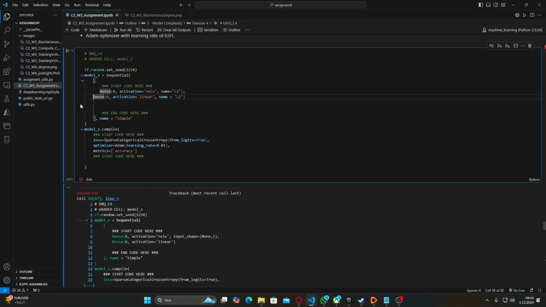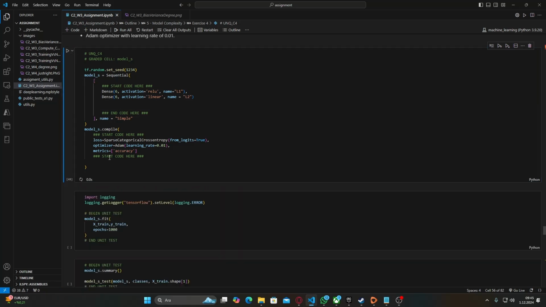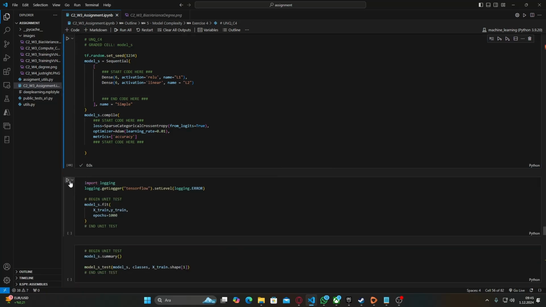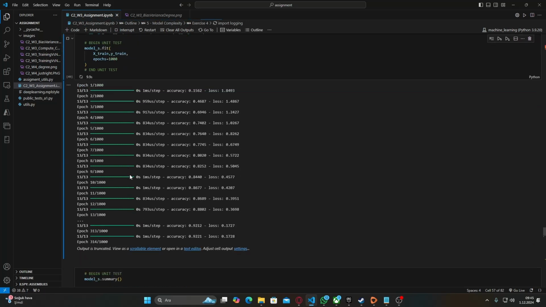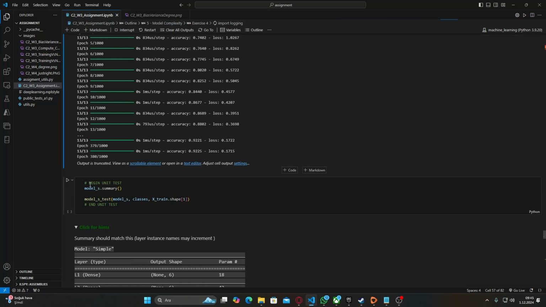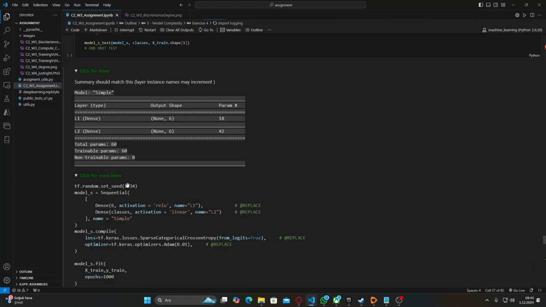Double tabs. Yeah, this is looking good to me here. Let me run this one. This gives from_logits true. I'm running the import logging to get the TensorFlow logged with this one. It will take, okay, like 10 seconds, 30 seconds or something like that.